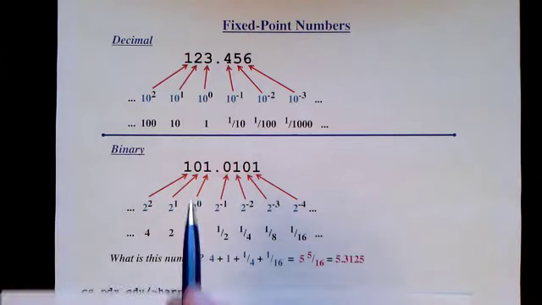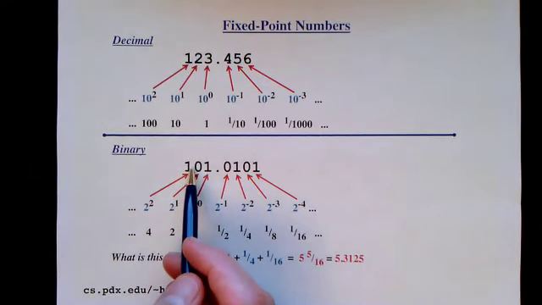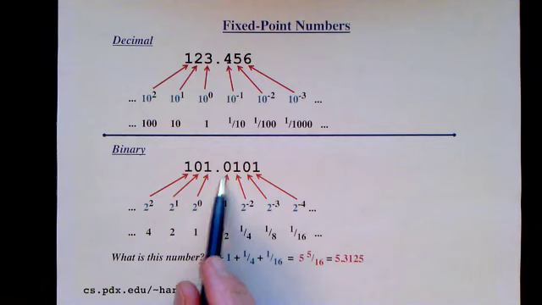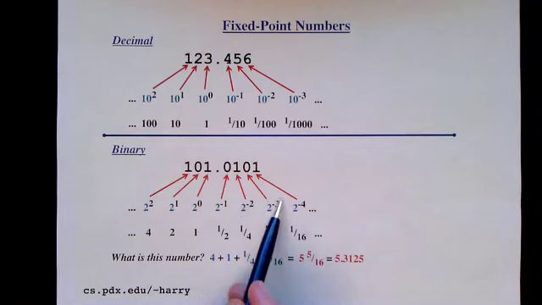So what is this number? Well, we have a 1 here, so we have 4, and we have a 1 here, so we have 1, so 4 plus 1, 5 point something. Well, here we have no halves, but we have a quarter, plus a 16th. Sorry, not an eighth, but a 16th.